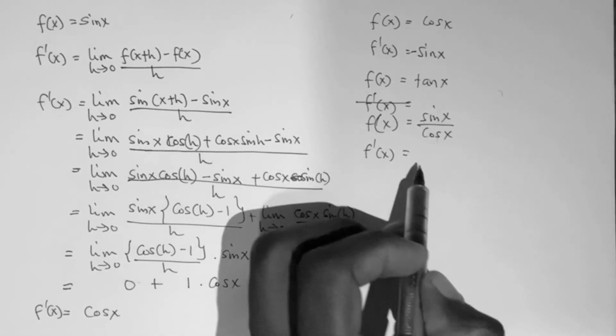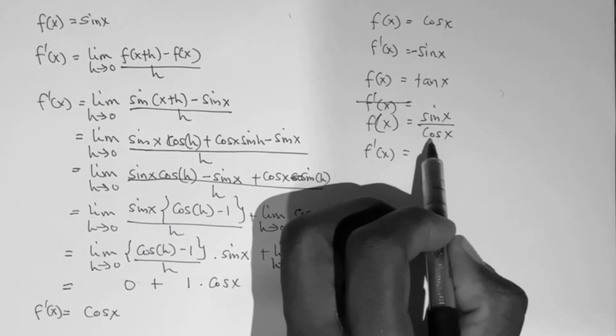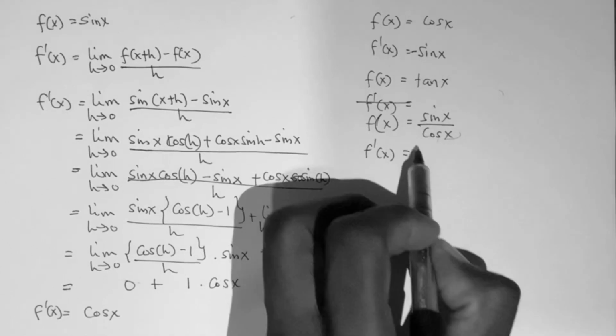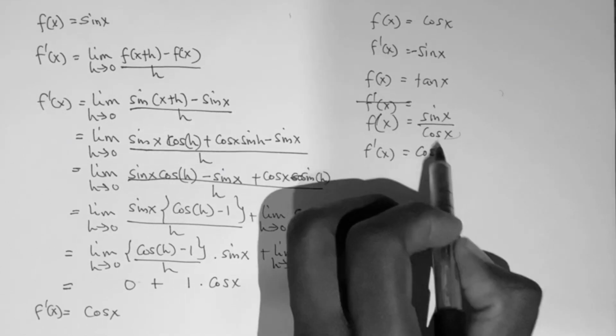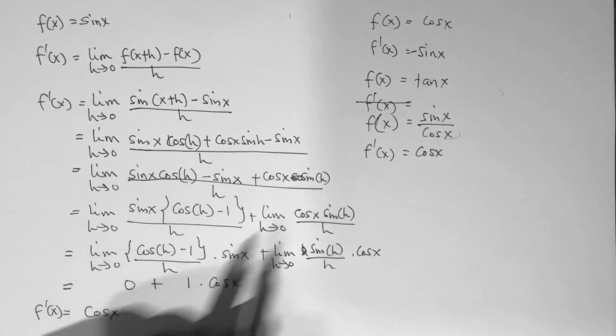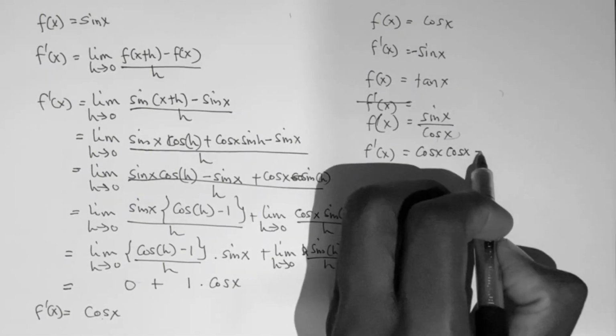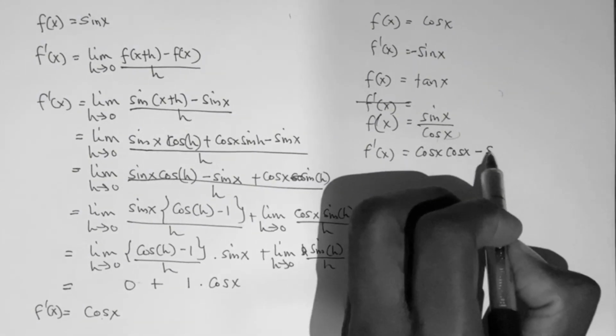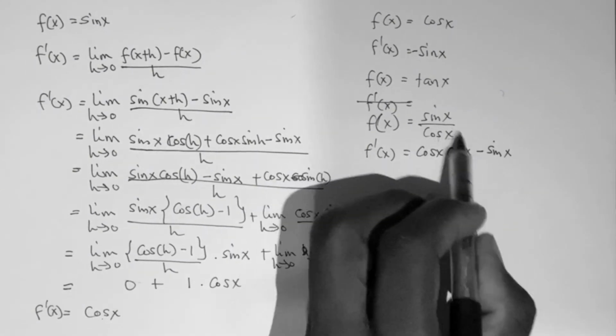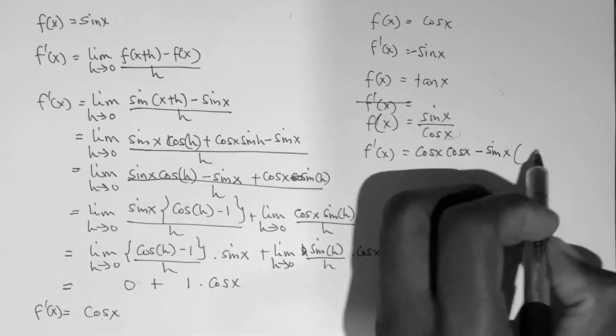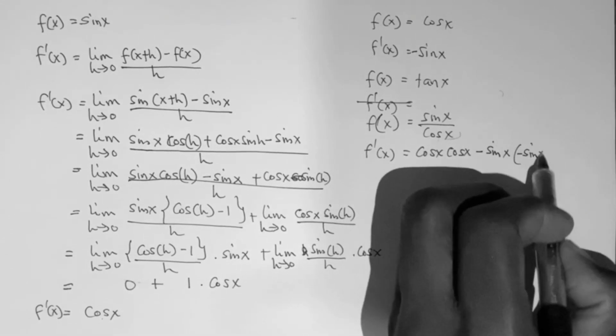Sorry, the quotient rule in this case. So we maintain cos x, then we differentiate sine x. If we differentiate sine x, it is cos x. So here is cos x, then minus, you maintain sine x, then you differentiate cos x. If you differentiate cos x, you get minus sine x.